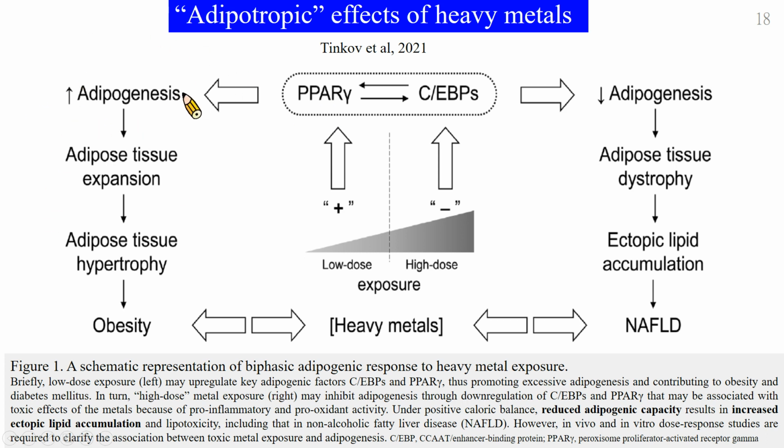So this will increase adipogenesis and result in adipose tissue expansion and also adipose tissue hypertrophy, and this will contribute to obesity. So depending on the dosage of heavy metal exposure, this can either lead to a decrease in adipogenesis but an increase in fatty liver or lipid accumulation in the organ, or an expansion of the adipose tissue, which results in obesity.